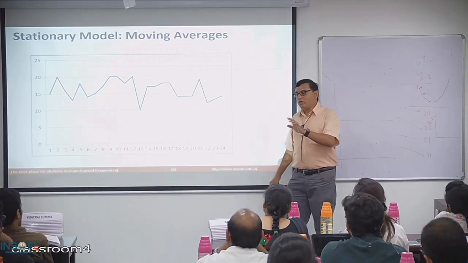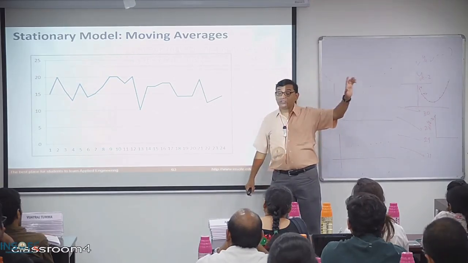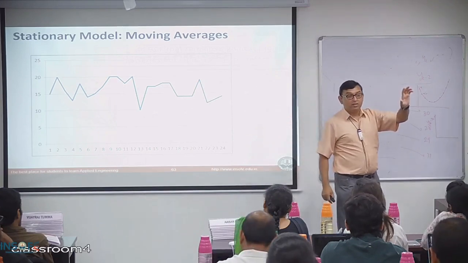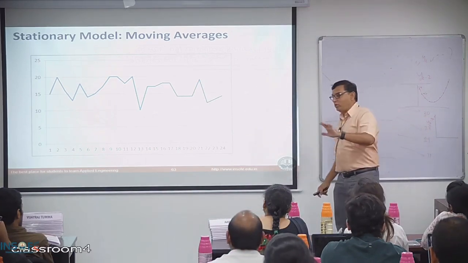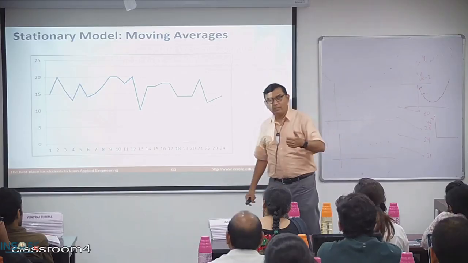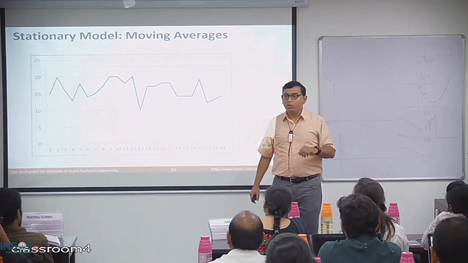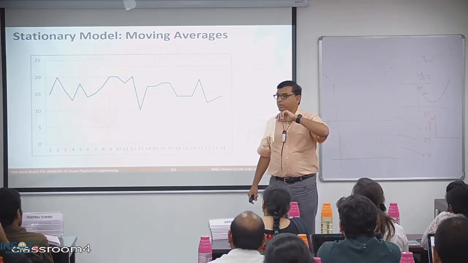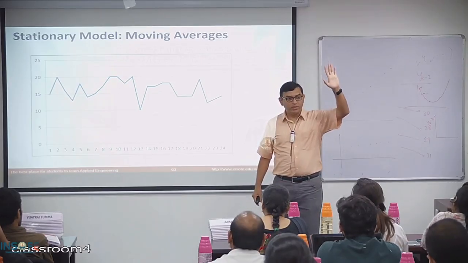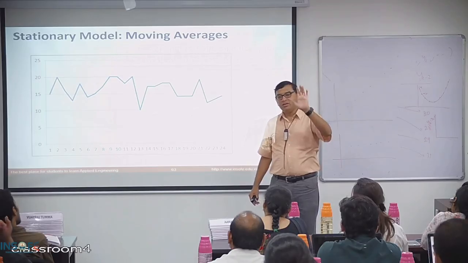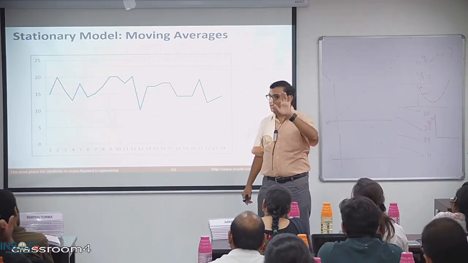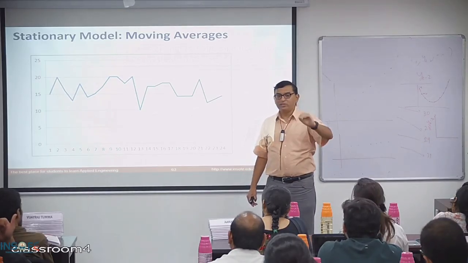I would remind you of the very first forecasting problem we did, even though we didn't call it forecasting at that point, which was the Kingfisher number of overbooking seats. What is the forecasting we did there? Mean. The mean is the simplest forecasting one can do.